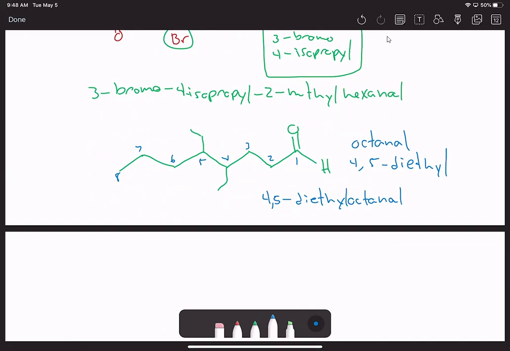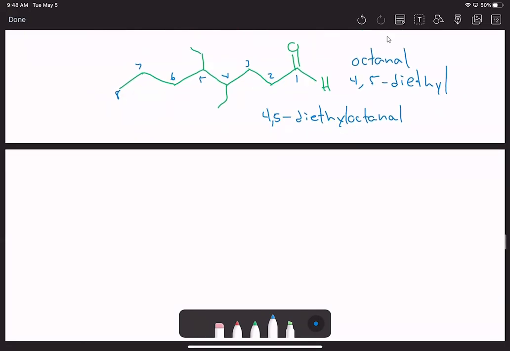So our branches, even as we continue on with ketones, carboxylic acids, esters, amides, it doesn't matter, we already know how to name all of our branches. That was last week, and we should be good with naming all of our branches. For aldehydes, we may see this in an aldehyde.